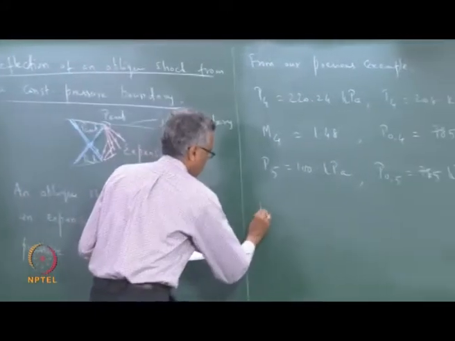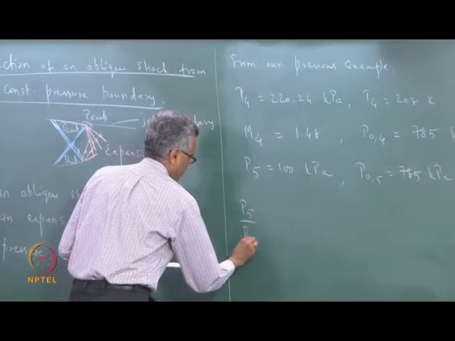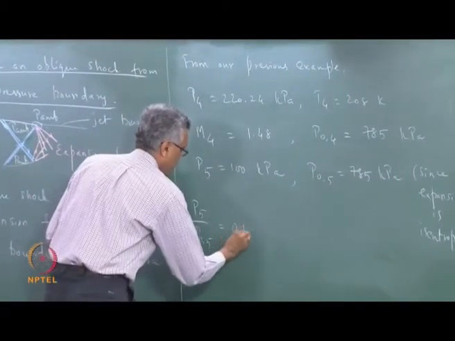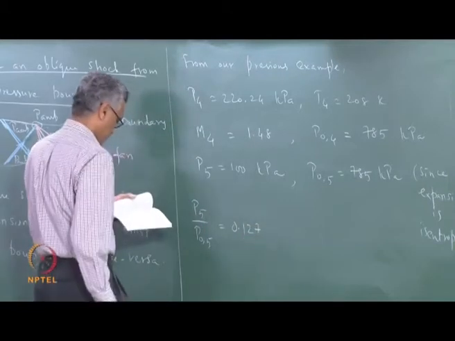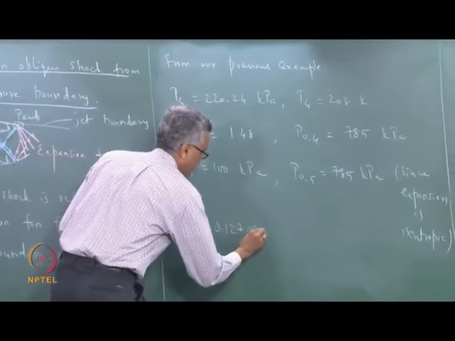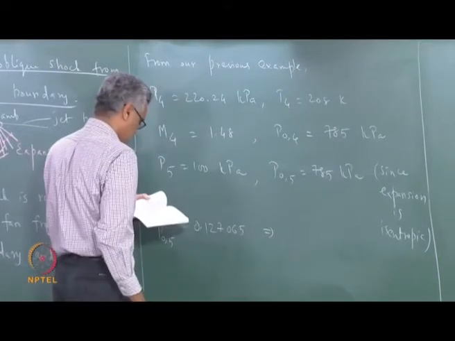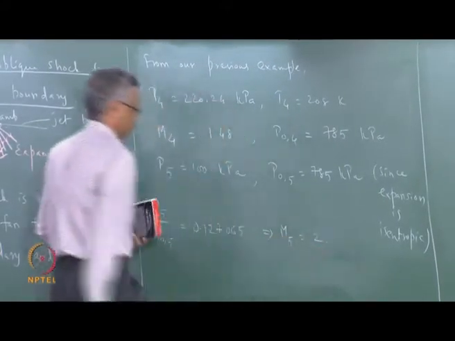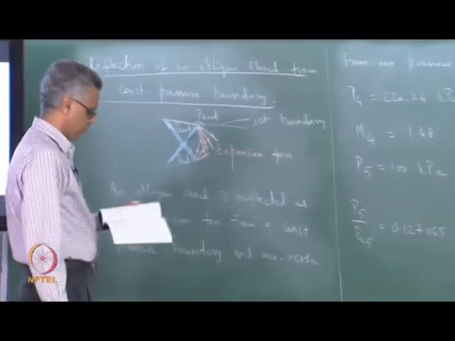So, P5 over P05 is equal to 0.127065. So, this implies that M5 is approximately equal to 2. So, the Mach number increases to 2.